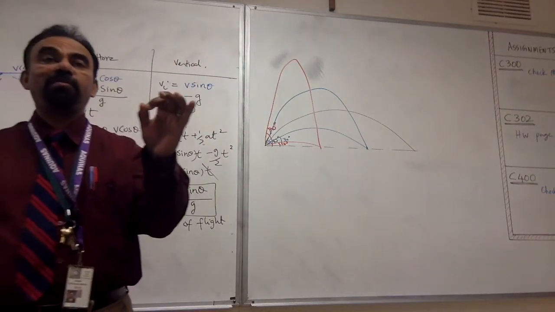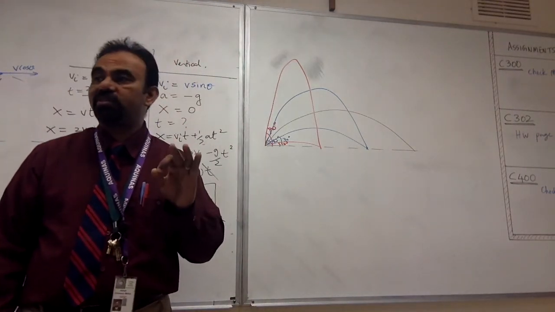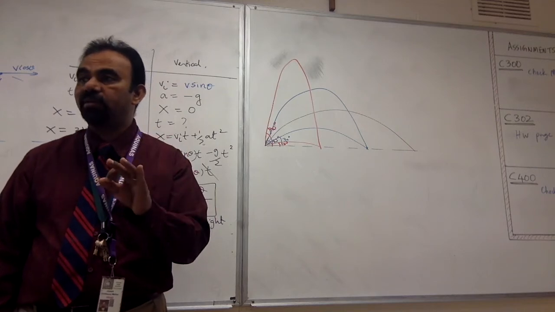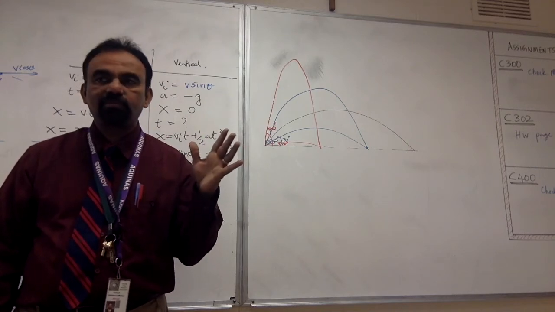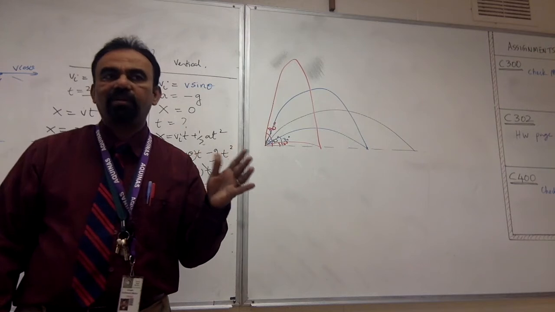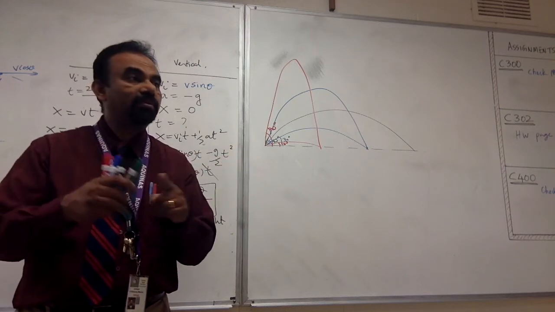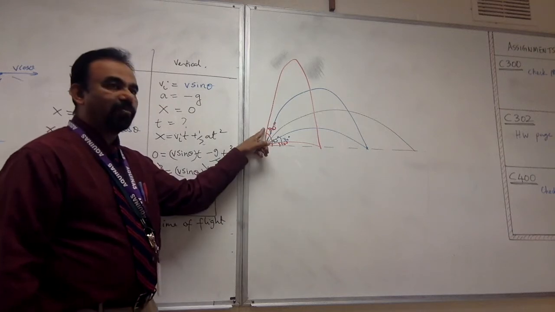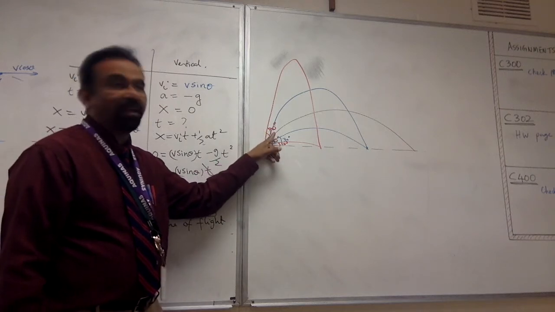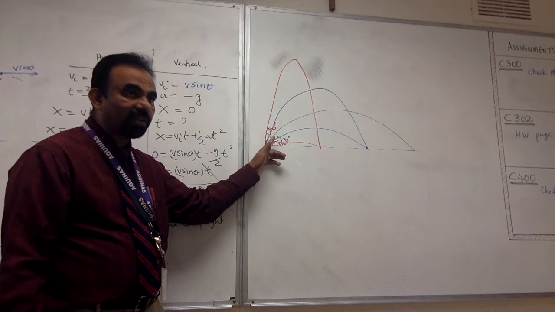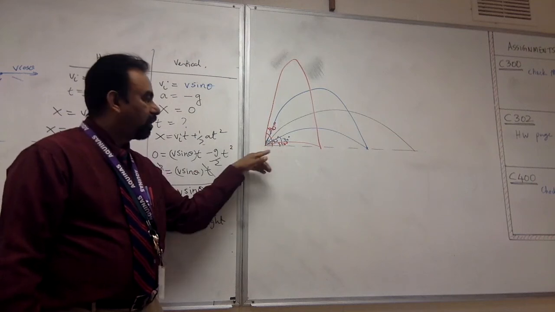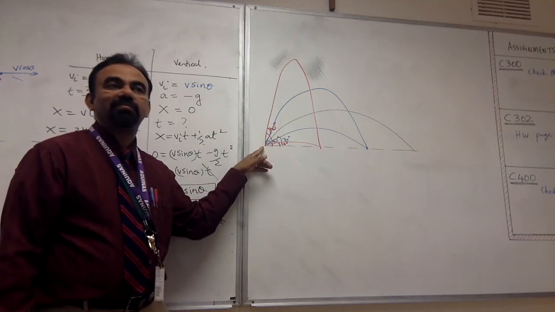All complementary angles of projection will get to the same spot. You get it? What's a complementary angle? Angles that add up to 90. So 10 and 80 add up to 90. 60 and 30 add up to 90. 45 adds up to 90. What if you project at 0 degrees?